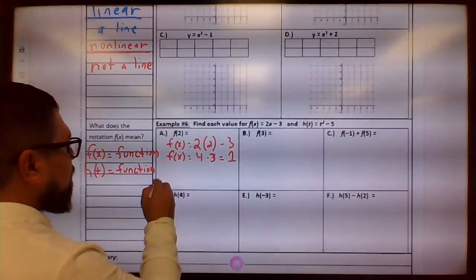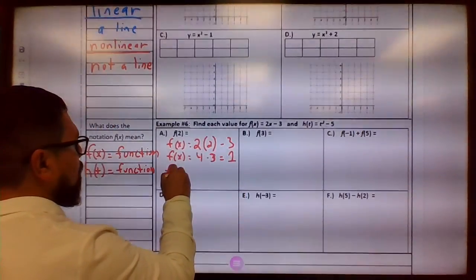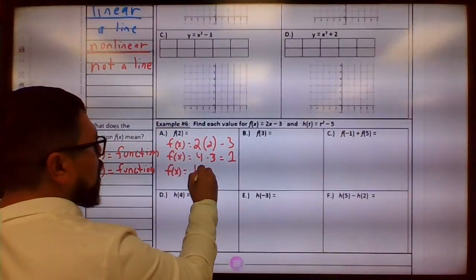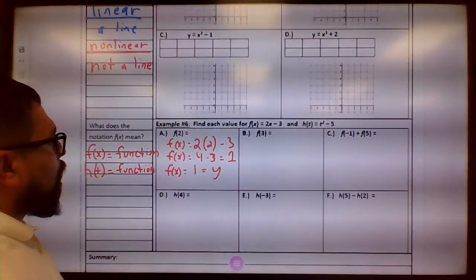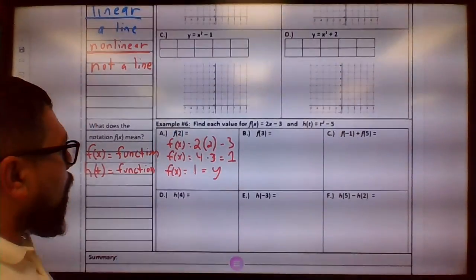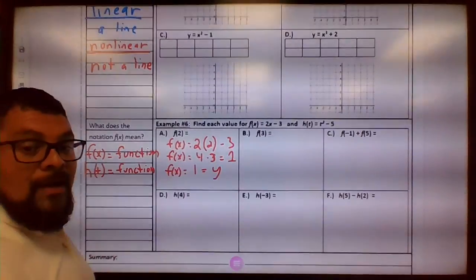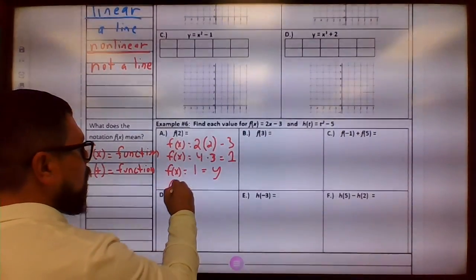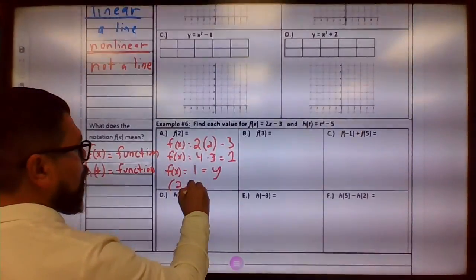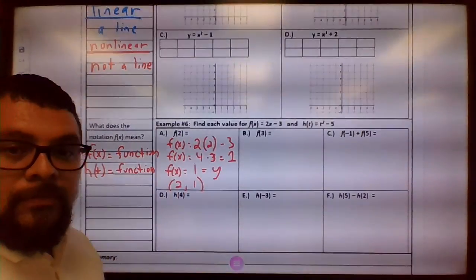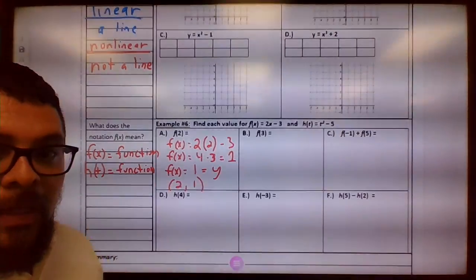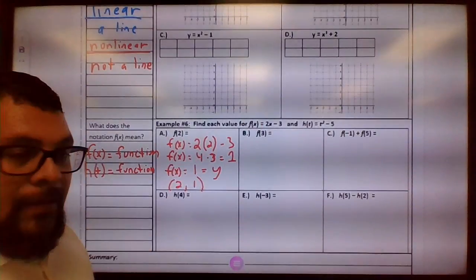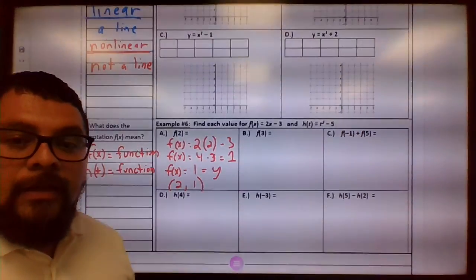So f of x equals 1, which equals y. So we have your x, we have your y. This function crosses at x equals 2 and y equals 1. Hopefully that makes sense to you. So this is an equation. If you were to graph it, this is a point on there.